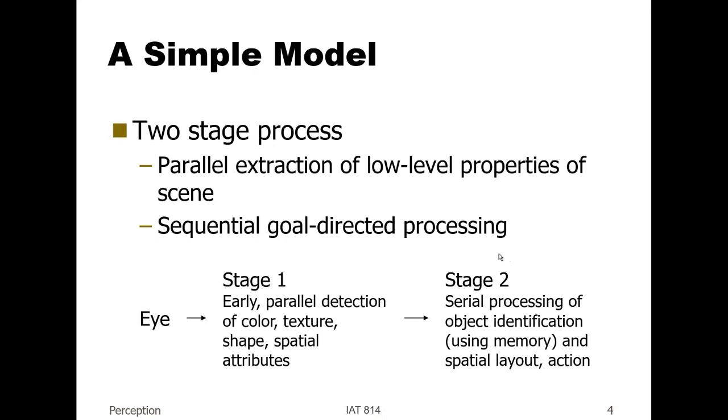In stage 2, that's where conscious attention and conscious perception act to attend to what's being picked up by the eyes, and to interact mentally with what's going on out there in the visual world. And because attention is being paid to things in stage 2, it's slower and is goal-directed.